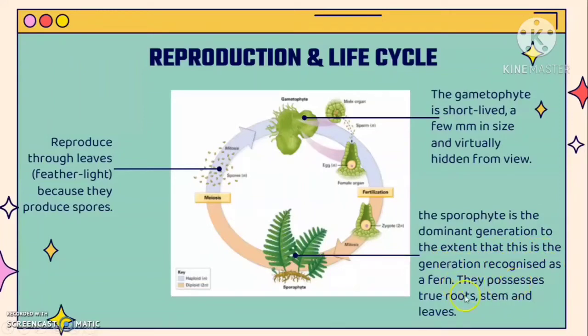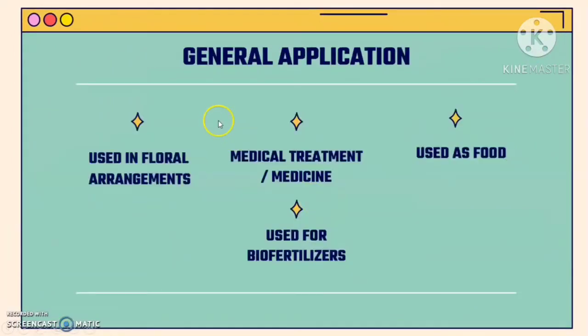They possess roots, stem, and leaf. The spores on the leaf will undergo the cycle, so they will live like this.